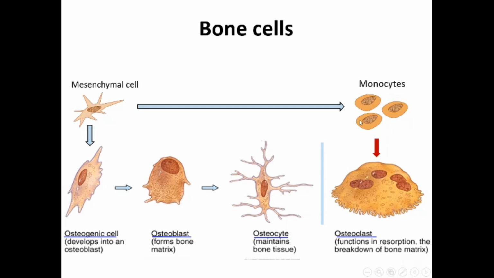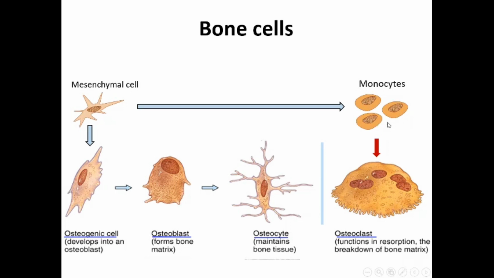The other cell is the osteoclast. You see this cell is very large and multinucleated. This is because these cells originate from several monocytes.